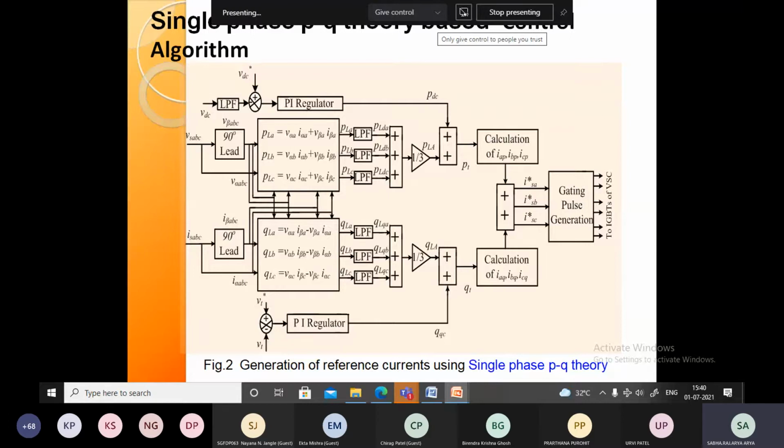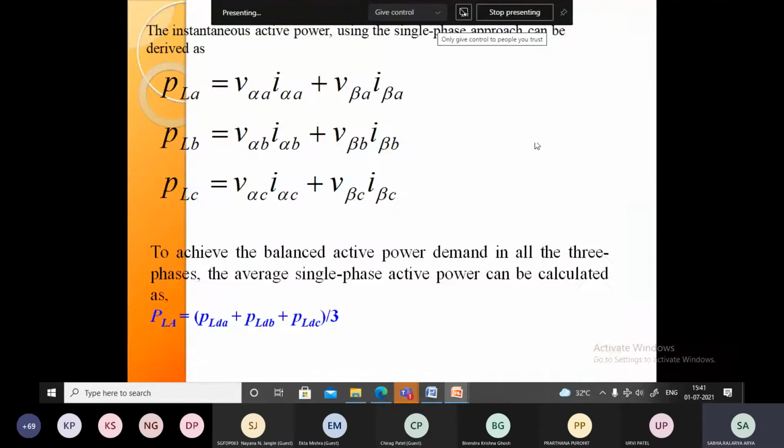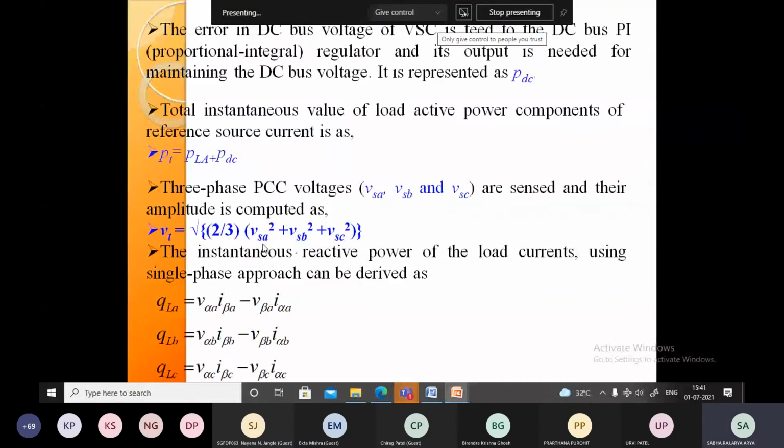After comparing, you have a gate signal. That gate signal you can give to the upper IGBT of whichever leg you connected. In the second case, the same gate signal you can pass through NOT logic, and whatever signal comes, you can give to the lower IGBT of the same leg. That is the story, in that way the whole story we have written here. You can see. Then how can we find out VT?